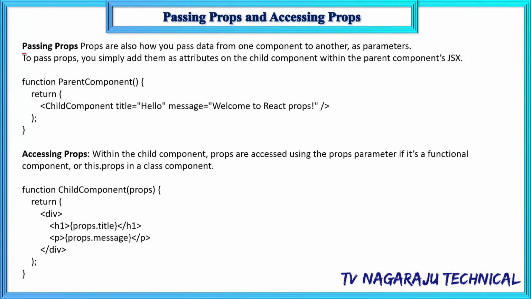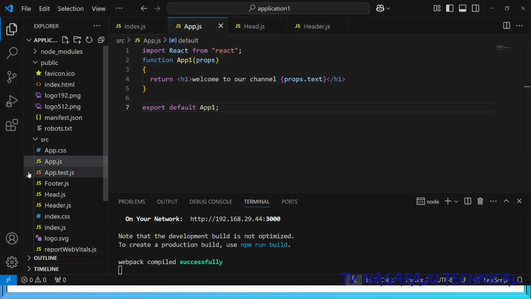Now you need to understand how we pass from one component to another, and how we access it in the child component. Okay, we will discuss this. Suppose the function app1. Assume here I do not have any props, just for understanding.